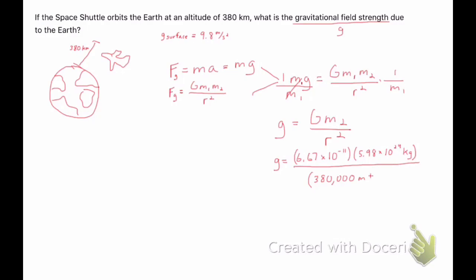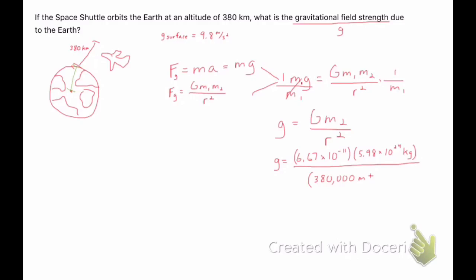But that has to be added to now the radius of the Earth. So what's the radius of the Earth? So what's the center of the Earth, which I'll draw right here, to the surface? I'll put that in a different color so you can see it. What is the distance between the center of Earth and its surface?